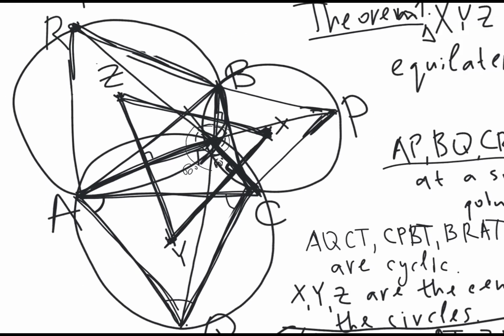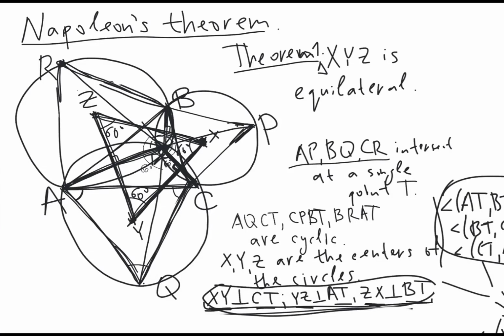the angles between XY, YZ, and ZX is 60 degrees. It means that the angles of these triangles are 60 degrees, and the triangle where all three angles are 60 degrees is equilateral. It's a well-known property. Okay, so the angles between these lines are 60 degrees.